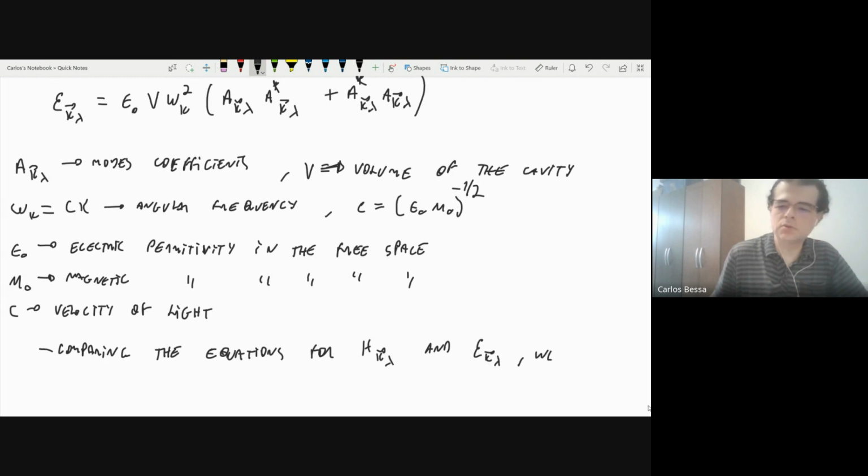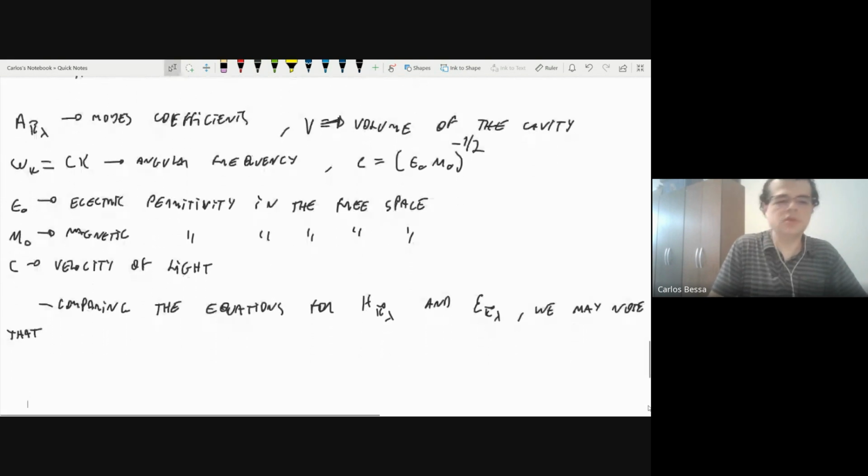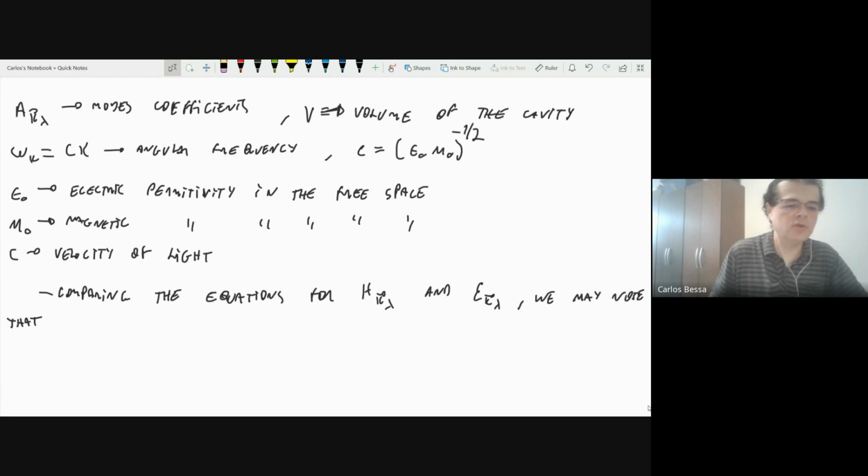we may note that we could just compare the terms, since both are energy, right?